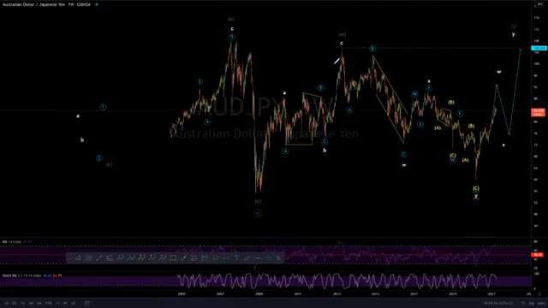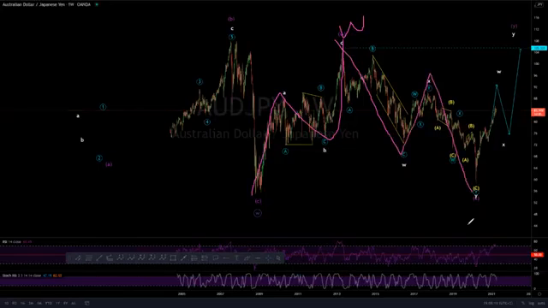This is a 3-wave to the upside for that W, and we've already had 3 waves to the downside for an X. Now we are looking for the last 3 waves to confirm that wave Y before we can start to get a move to the downside. But this is a long-term forecast I'm showing you.